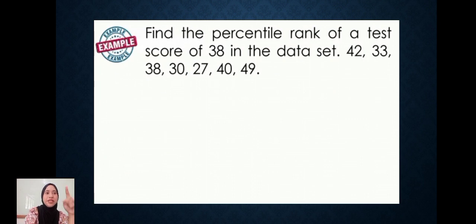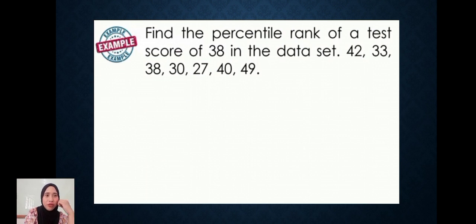Okay, we'll take this example. Find the percentile rank. Earlier, the percentile was given, the 34th percentile. Here, it is not given. What is asked is: find the percentile rank of a test score of 38 in the data set 42, 33, 38, 30, 27, 40, and 49.